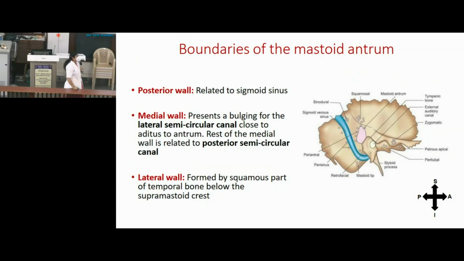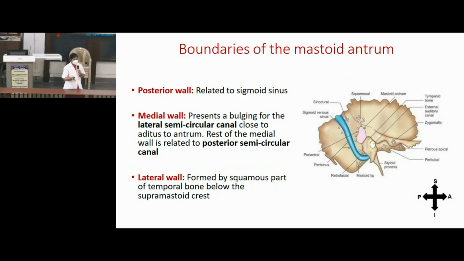You might get a case of chronic suppurative otitis media, a chronic infection of the middle ear, affecting the mastoid antrum, leading to mastoiditis, and mastoiditis can break the posterior wall and enter the sigmoid sinus. So that could be one of the causes for sigmoid sinus thrombosis.